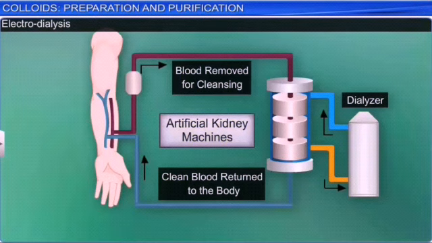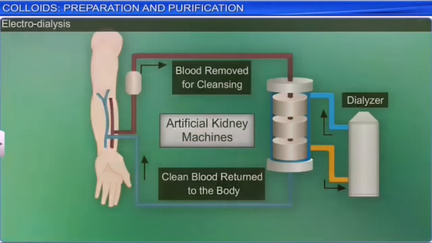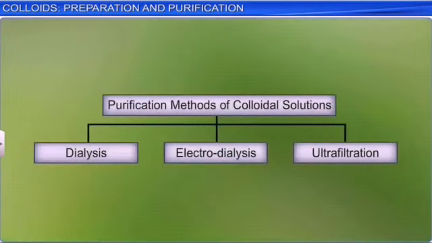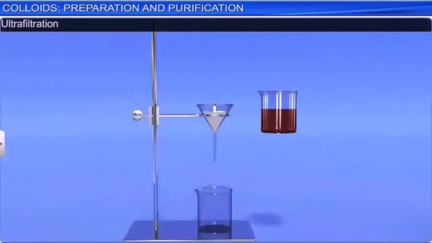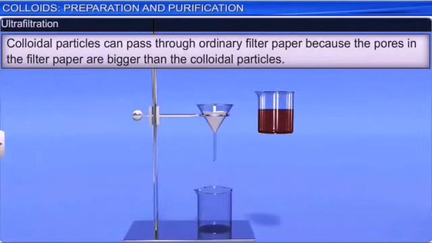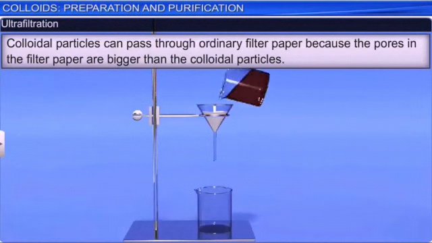Let us discuss the third method for the purification of colloids. Third method is ultrafiltration. It is important to note that colloidal particles can pass through ordinary filter paper because the pores in the filter paper are bigger than the colloidal particles.